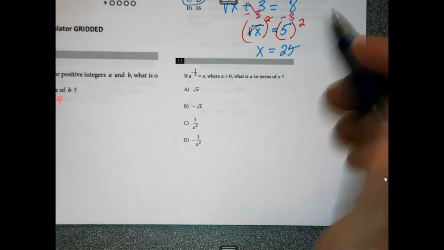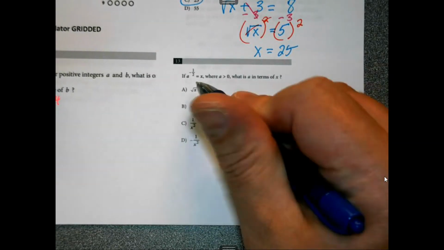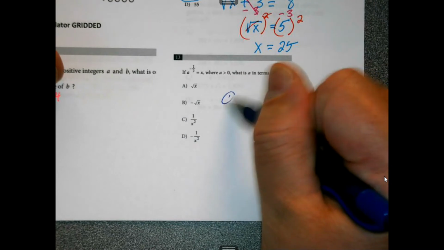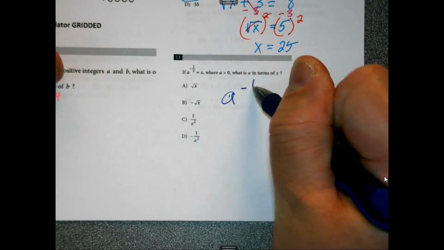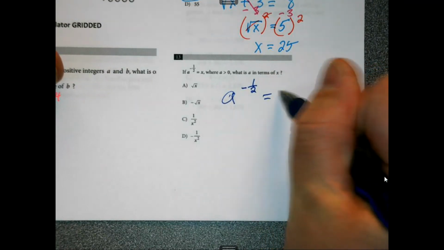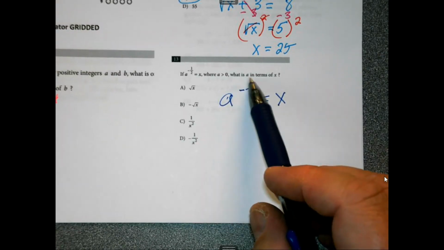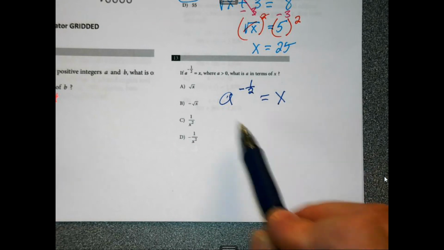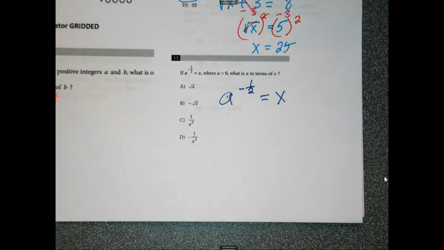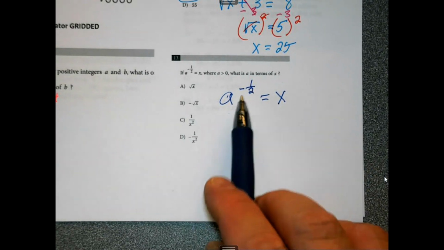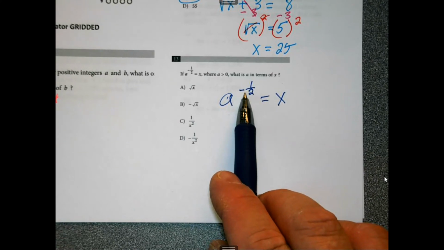Let's do one more radical. I have the equation here: a to the negative 1/2 equals x. It wants us to solve for a. What is a in terms of x? How am I going to get rid of a negative 1/2 exponent?